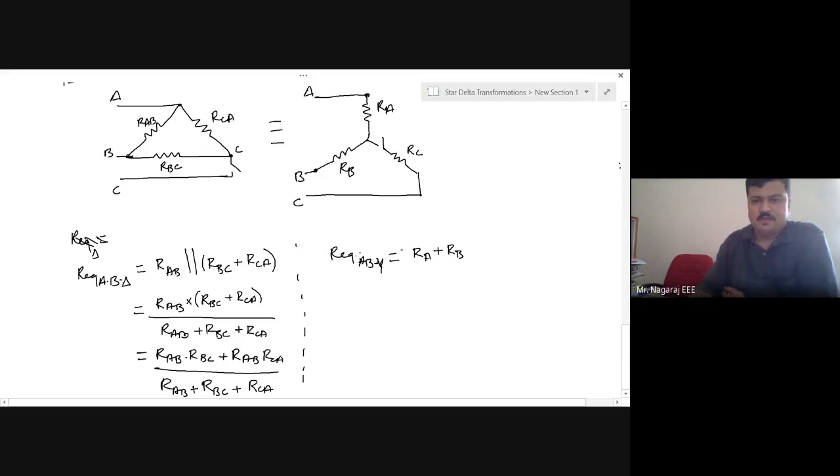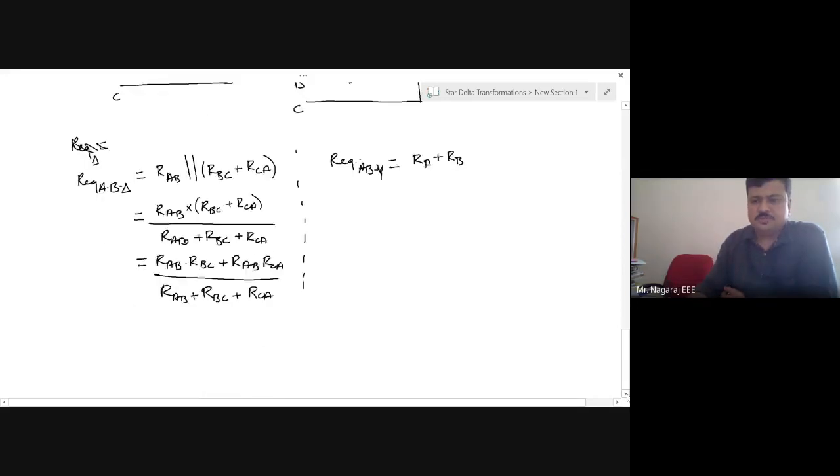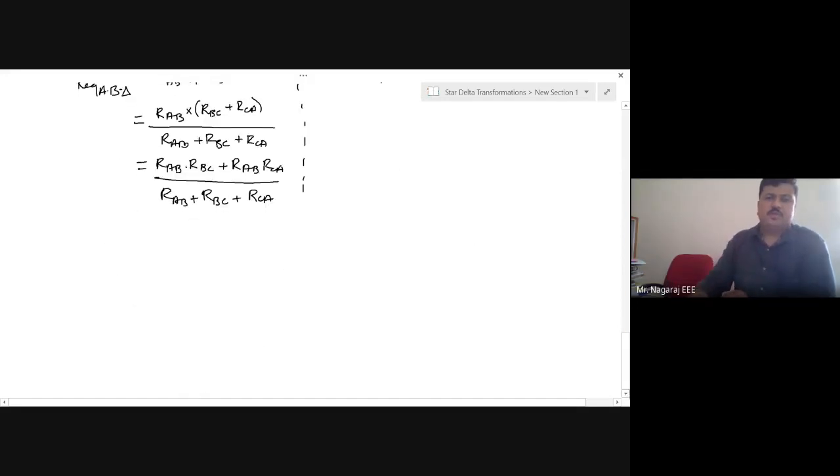Okay. So what is the principle of transformation? The principle of transformation is that the equivalent resistance between any two terminals should be same in star when transformed from delta. Okay.